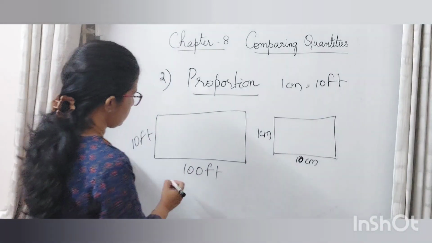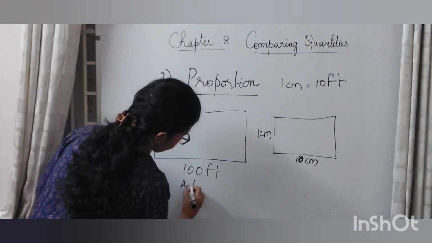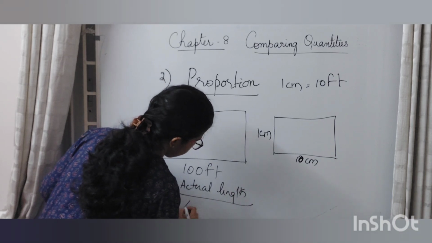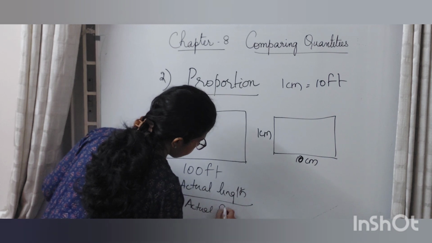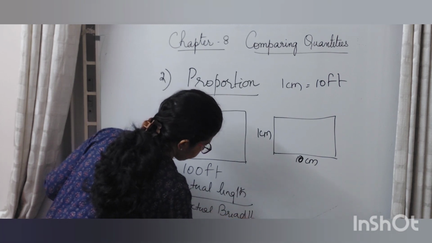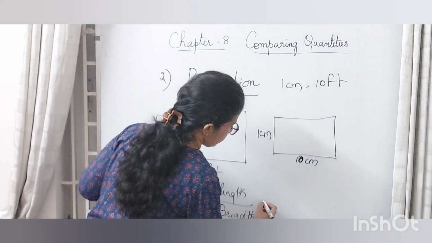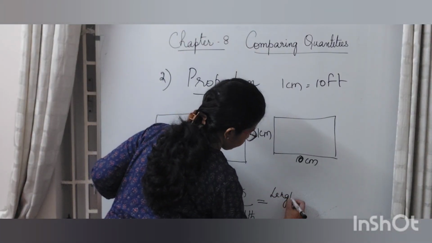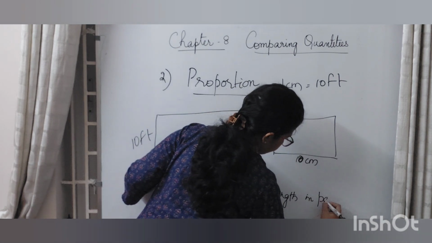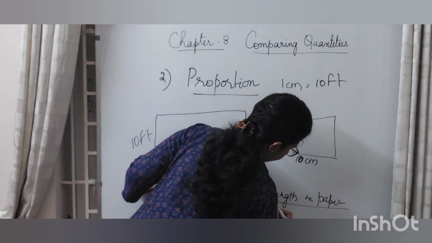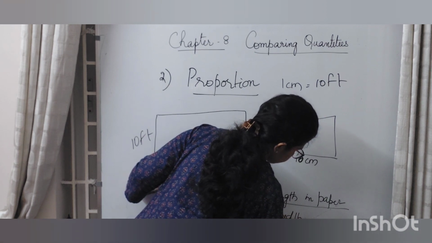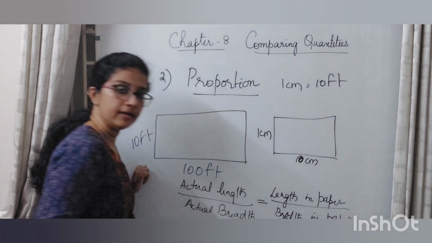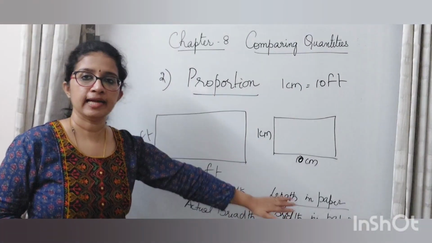So what can we write? Actual length by actual breadth is equal to length in paper by breadth in paper.